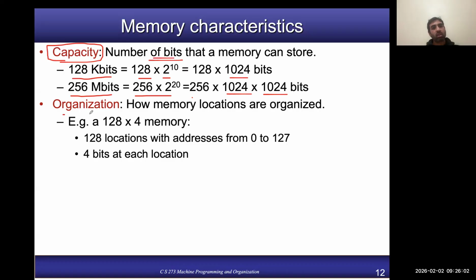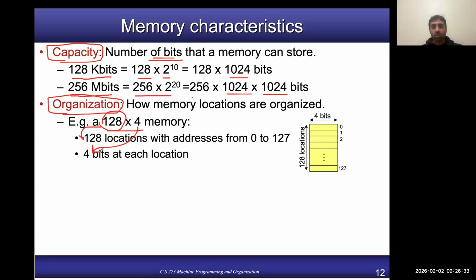But how is a memory chip organized internally? Memory is organized internally in a number of locations. For example, if I say that I have a memory with an organization of 128 cross 4, what does it mean? It means that the chip has 128 locations, and each location can hold 4 bits.